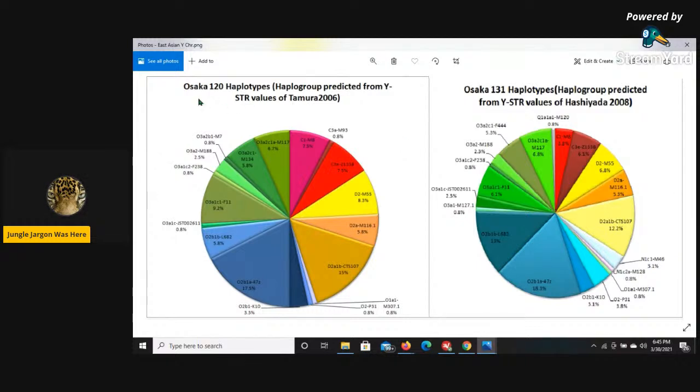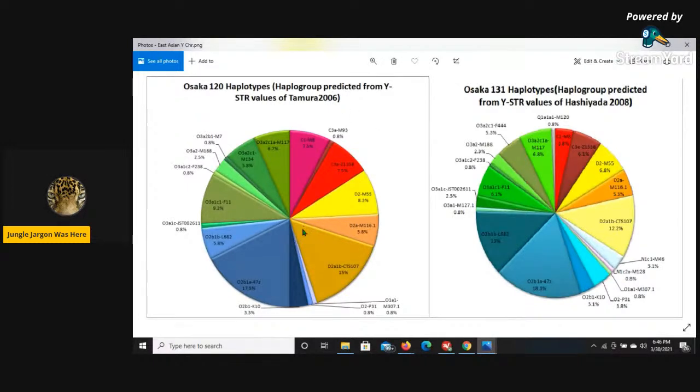This is Osaka. Now, what I was looking for was the J2 Y chromosome. This is Japanese, basically. But you can see the CY chromosome and the D. Notice the huge percentage of DY chromosome in this group, wherever it is. Tamura.